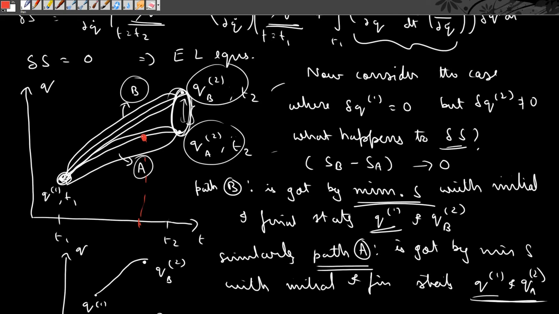Or if you consider this same time, I can consider paths for any final position, and corresponding to that I can find the variation in S. Which means our q2 is not actually a constant, it's a variable which can vary through all possible values of q's.